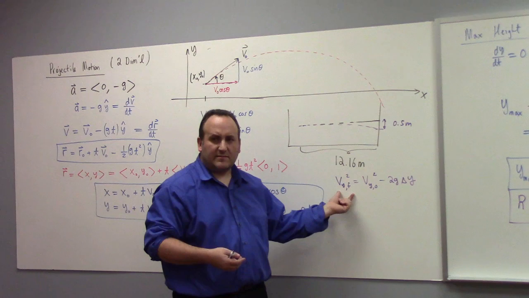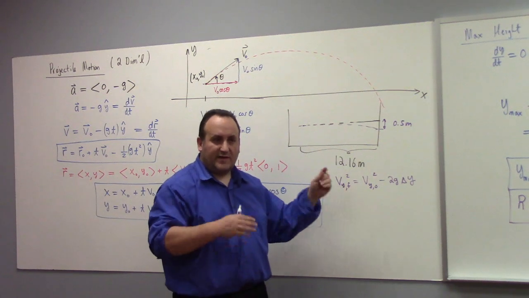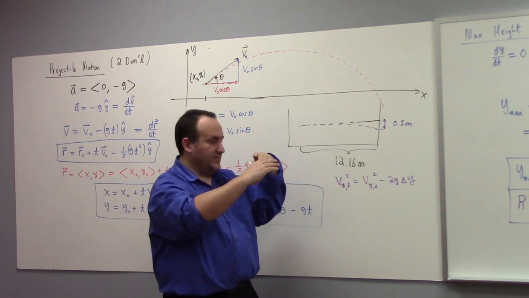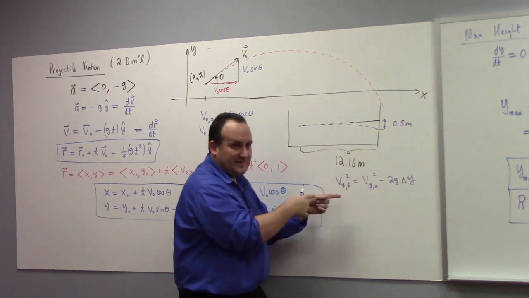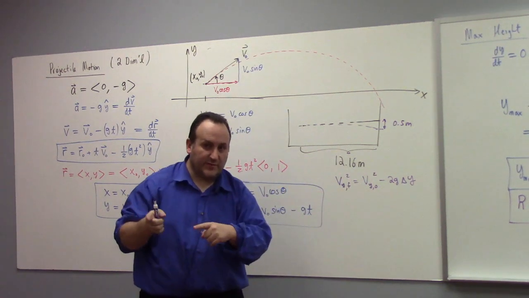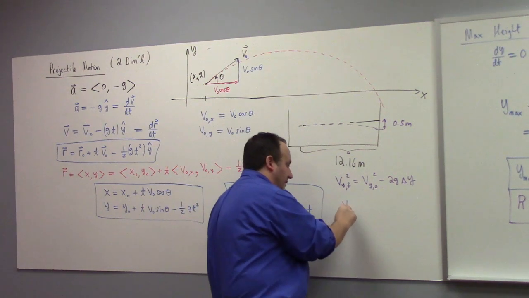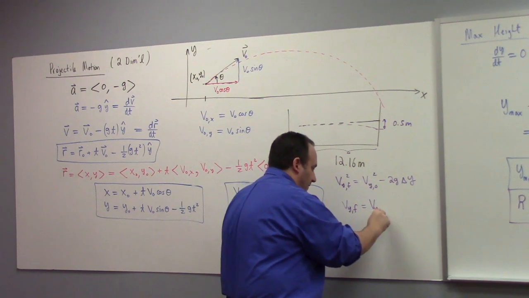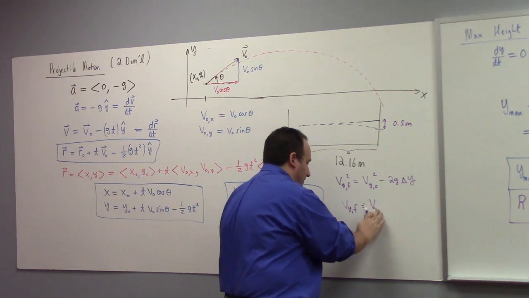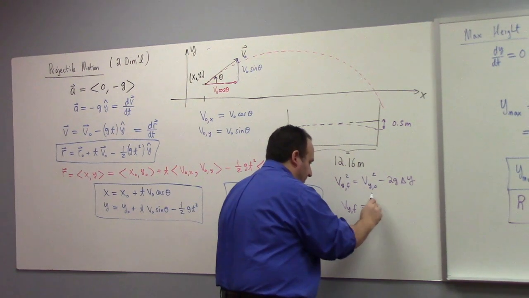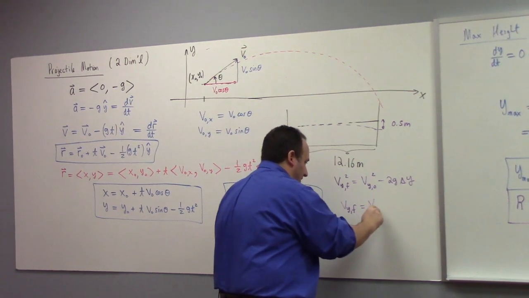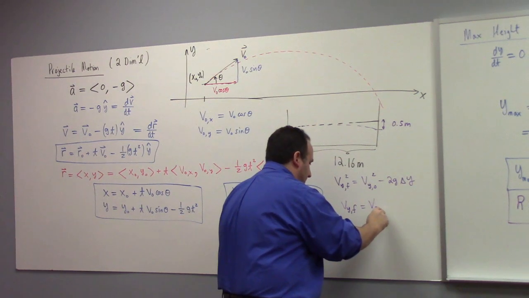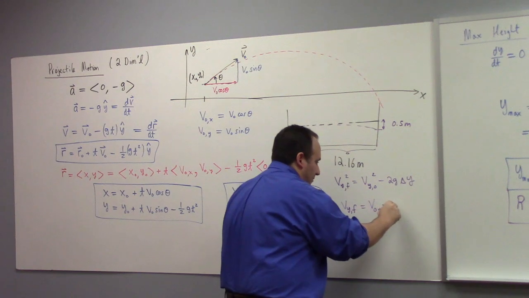What's the initial y velocity? It's 0 because I shot it horizontally, right? So from this, we can figure out the final y velocity, and then you can figure out how much time it took, right? Because vyf is equal to vy naught plus at.